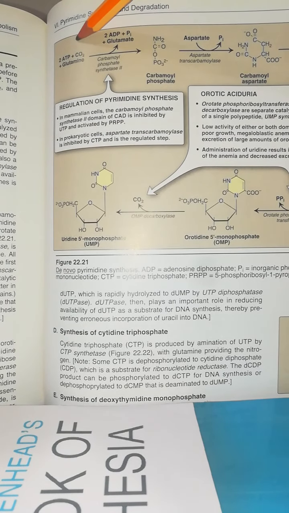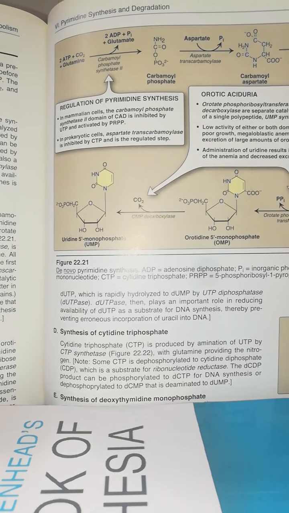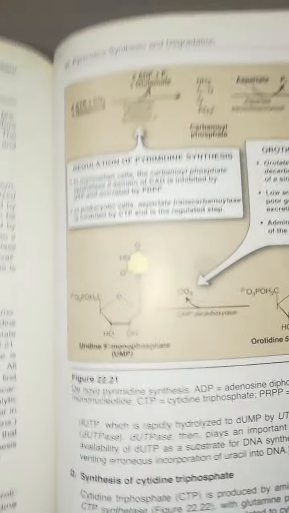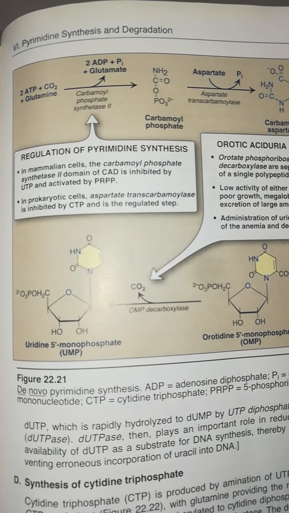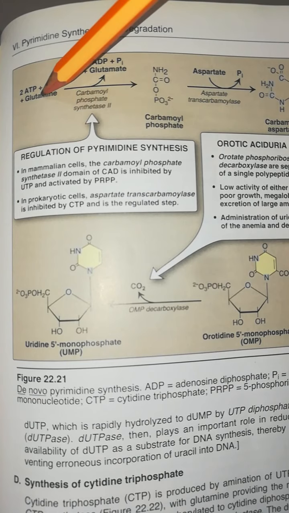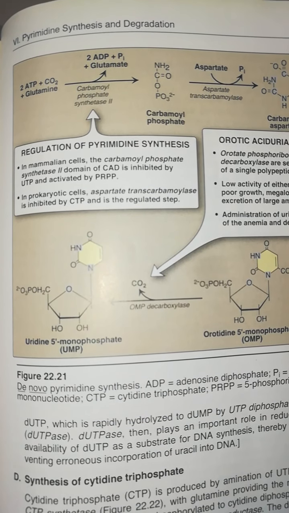First step is ATP plus carbon dioxide plus glutamine.